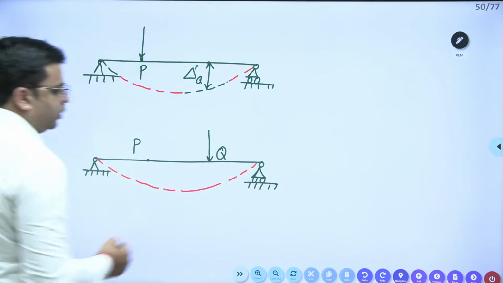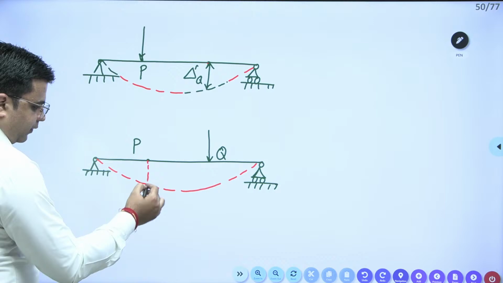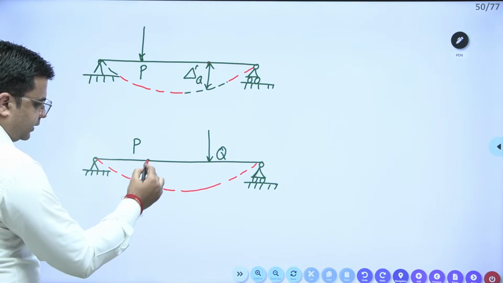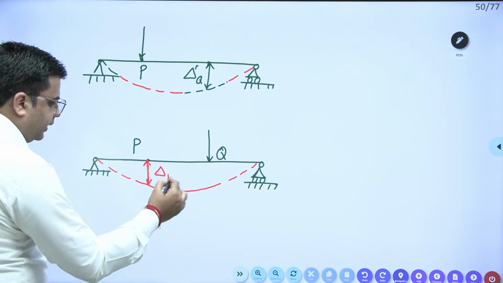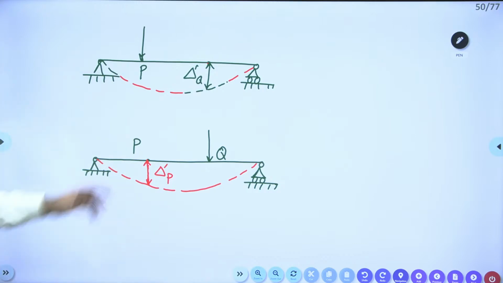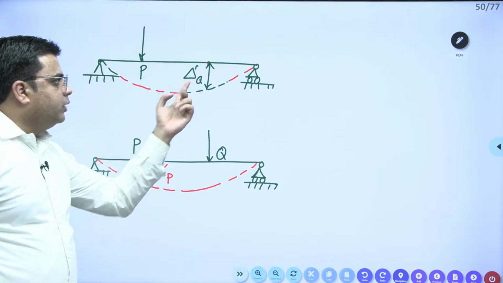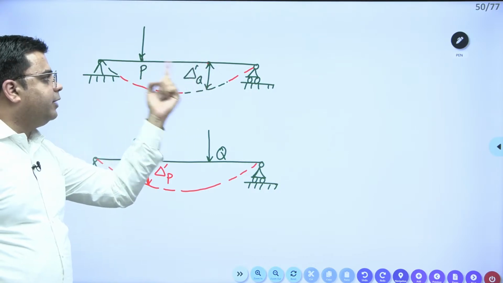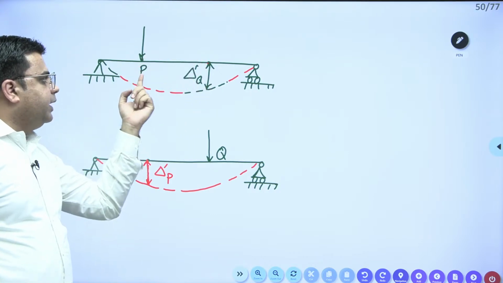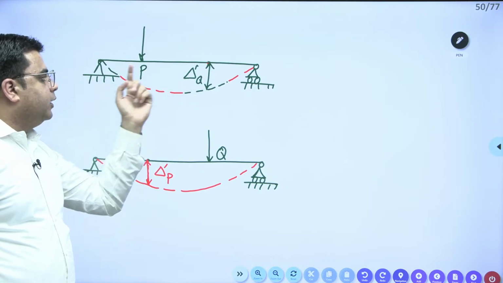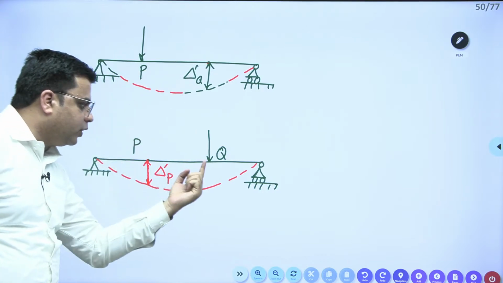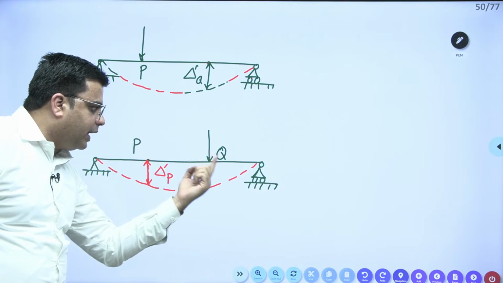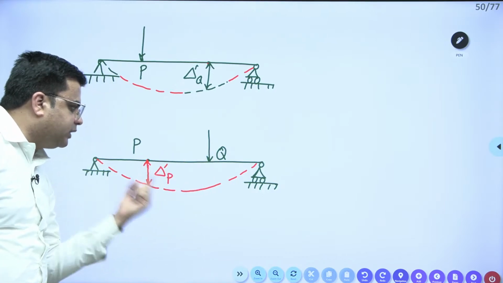Due to this load Q, there will be some deflection at point P, and this is delta P dash. The deflection at point Q is not caused by the load at Q. It is caused by the load at P. Similarly, for this beam, the load at Q is causing the deformation at P.